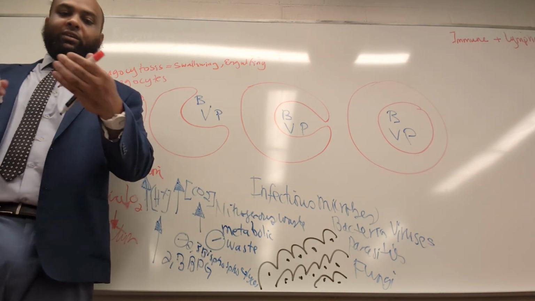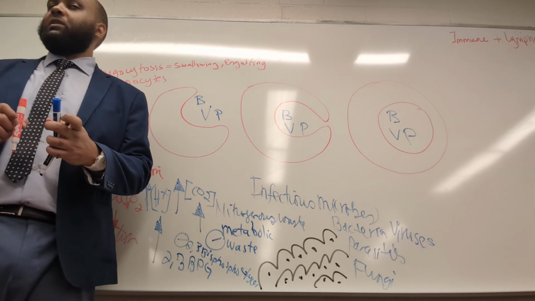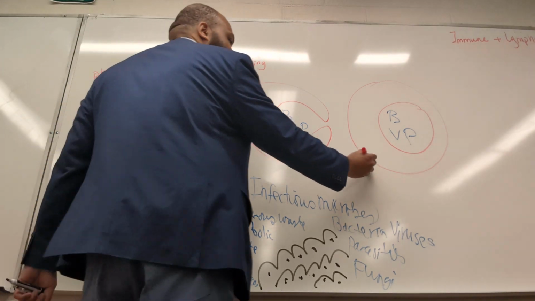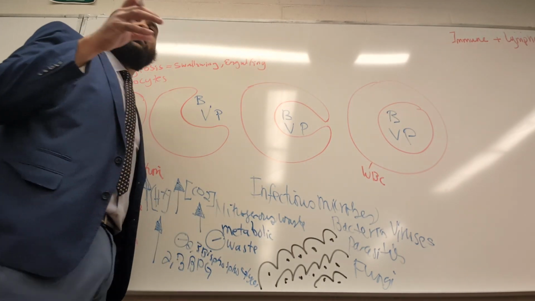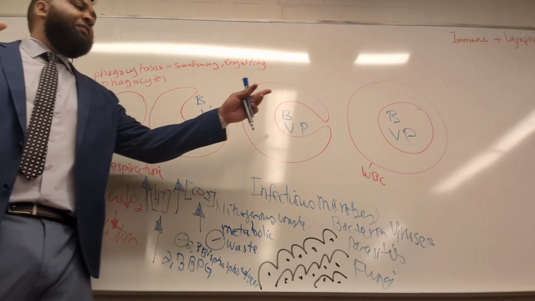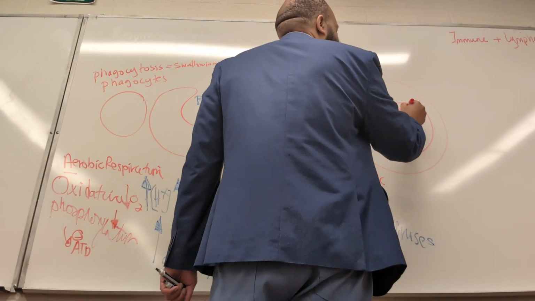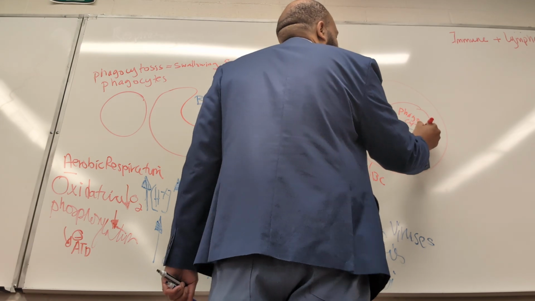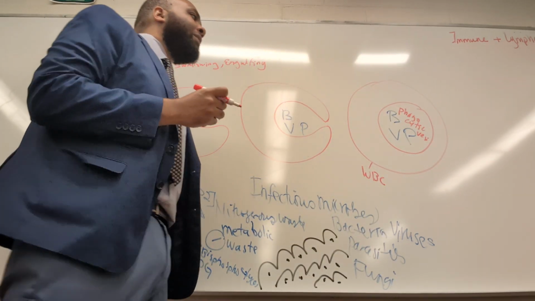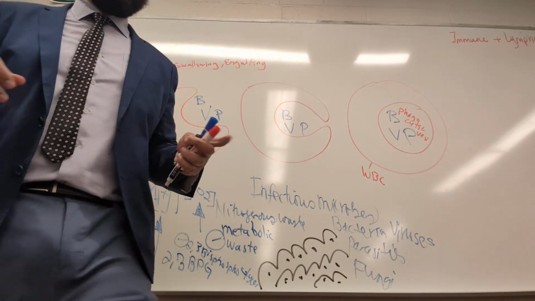This intracellular vesicle, what's the fate of it now? So now that's a white blood cell, and this is our vesicle. This is our phagocytic vesicle. We use phagocytosis. So now this phagocytic vesicle is inside. You have two balloons inside. So what's going to happen now?